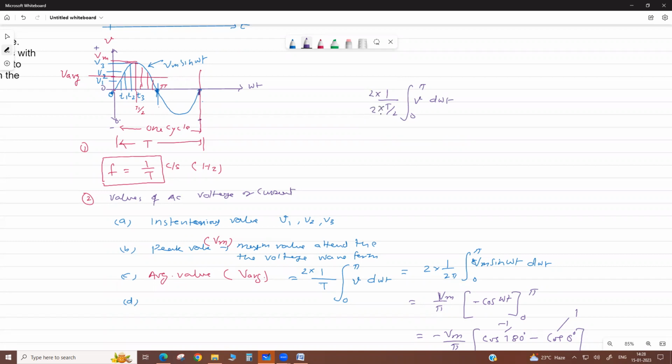Here you also multiply the time. So better you take the total time T. Only for the magnitude you have to multiply.